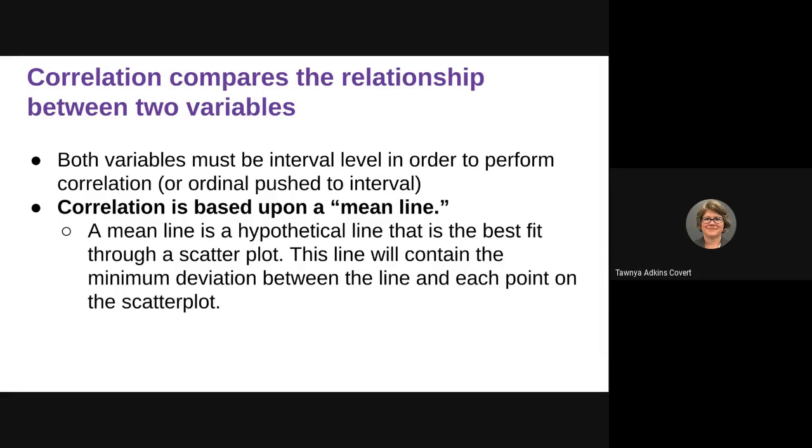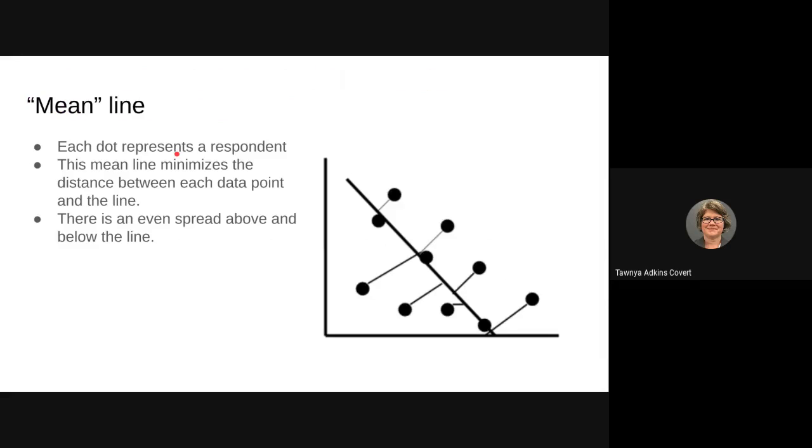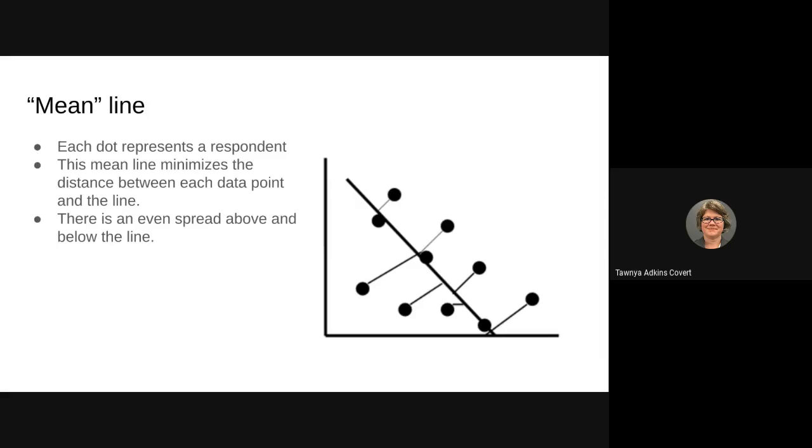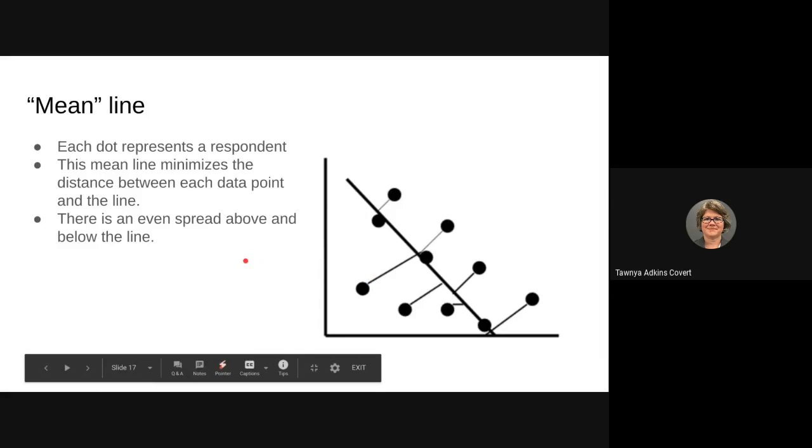So correlation and regression are based on a mean line. It's that hypothetical line that is the best fit through a scatter plot. And this line will have that minimum level of deviation between the line and each point on the scatter plot. So this is giving you an idea of what that mean line looks like. Each dot represents a respondent, and the mean line minimizes the distance between each data point and that line.